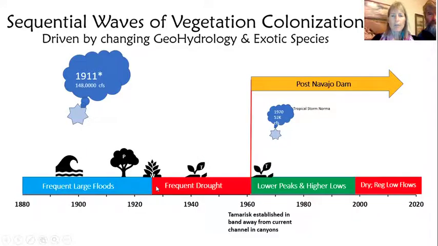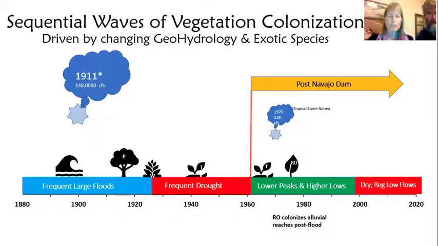After Navajo Dam, we see tamarisk establishing down in the narrow canyons. And Russian olive shows up, interestingly, pretty soon after Tropical Storm Norma caused a big flood on the San Juan in the 70s. Russian olive was probably there already, but that flood probably washed seeds in from upstream, and we saw a big increase in density.